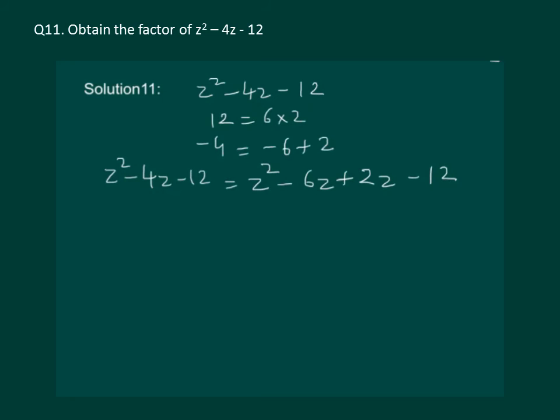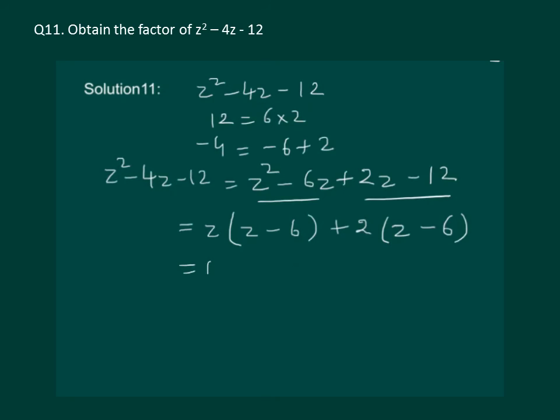Next step is to group them. Then we can take out z common, and z minus 6 remains in the bracket. Then we can take out 2 common, and z minus 6 remains in the bracket. Now we have two terms from which we can take out z minus 6 common.